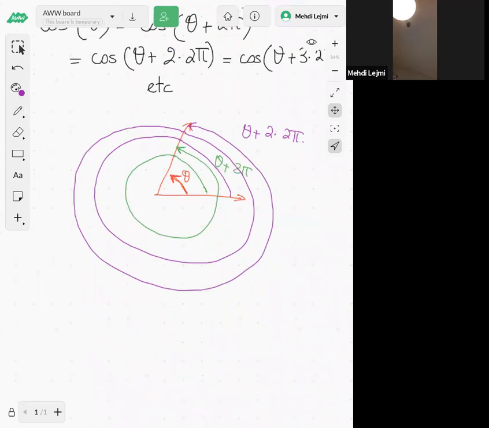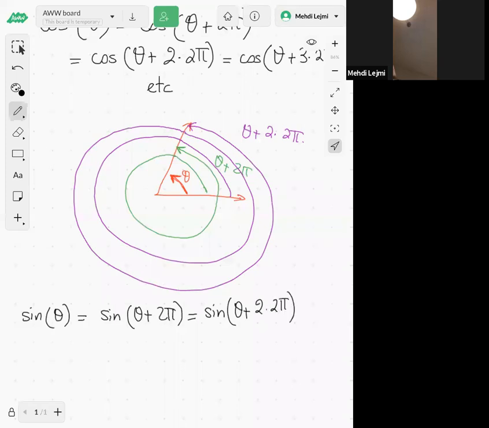Sine of theta is the same as sine of theta plus 1 full rotation, that's 2 pi, or sine of theta plus 2 full rotations, or sine of theta plus 3 full rotations, etc. So you have the same sine for theta plus any multiple of 360 or any multiple of 2 pi.